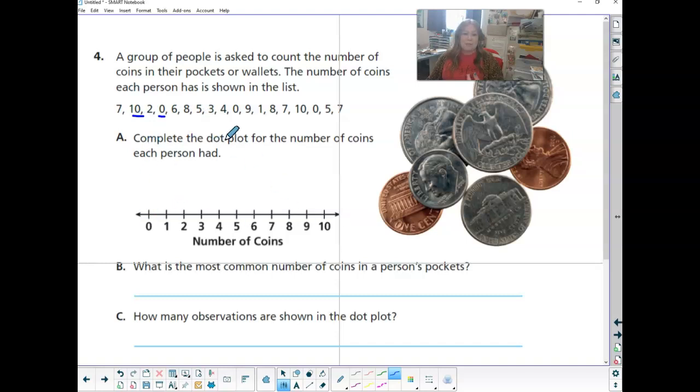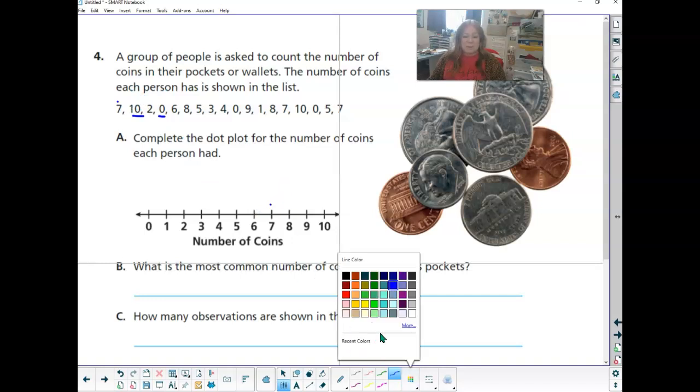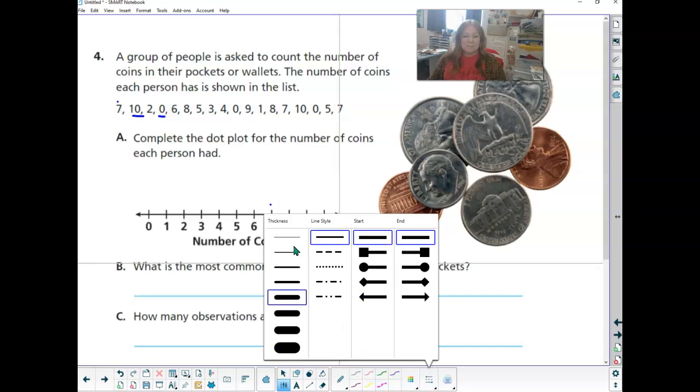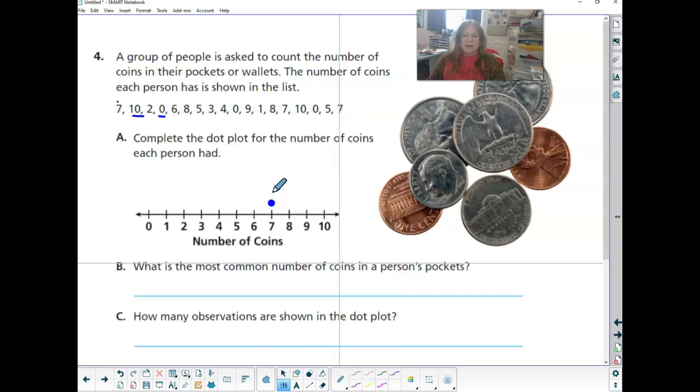So we're going to complete the dot plot. We're going to put a dot above each one. So I'm going to start and put a dot for the 7. Now remember, I'm going to make that a little thicker. We want to even these out, right? I shouldn't have one here, then start the other one here. Every first one should be in a row.